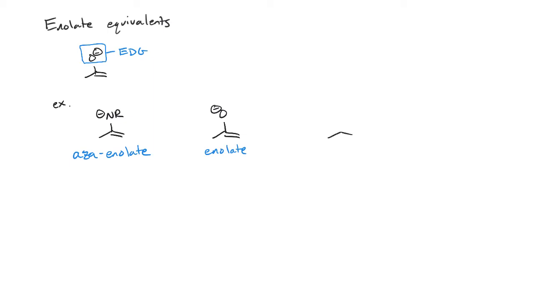And then from here, we'll move into neutral versions of these enolate equivalents. The first one is an enamine, so now a neutral nitrogen. And the last one that's really important and shows up in a lot of reactions, you've already seen one already, is the silyl enol ether. So now there's a silyl group on the oxygen. It looks like an enol, just not a hydrogen there.